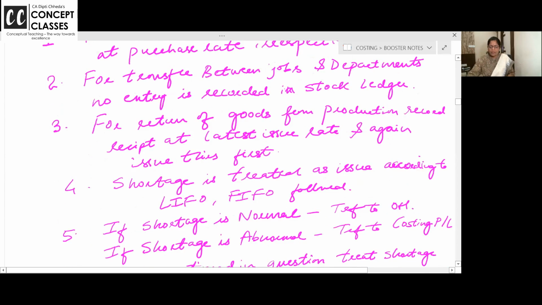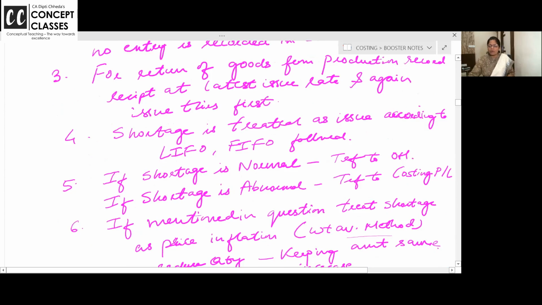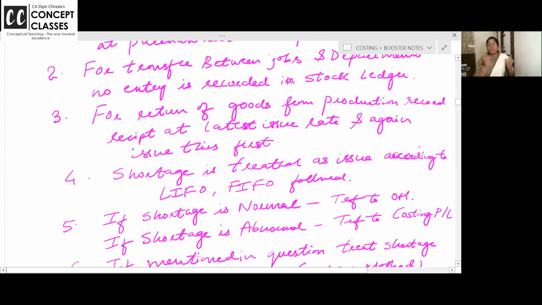Third point: for return of goods from production to the godown. Sometimes we issue the goods for production and then they are returned back as excess. Production mein zyada ho gaya. So they will be recorded at the latest issue rate and again they will be issued first. Are you getting it? For return of goods, not to that creditor, but from production.